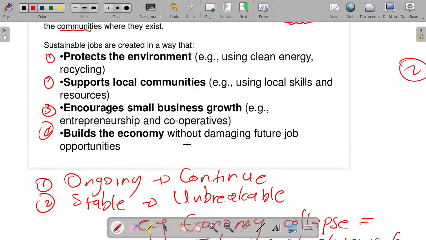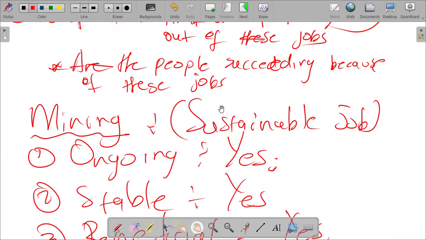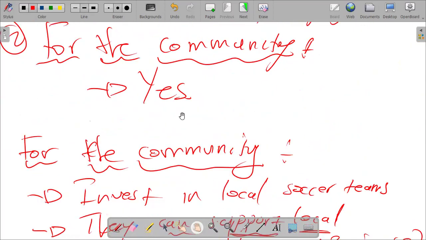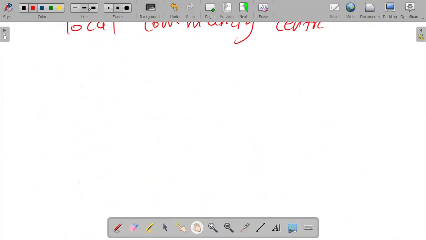They can build the economy without damaging future job opportunities, meaning even though there will be at some point AI or artificial intelligence or the fourth industrial revolution, there will always be work for people within the mining industry, because it will take years for certain companies to come with technology that can extract gold.